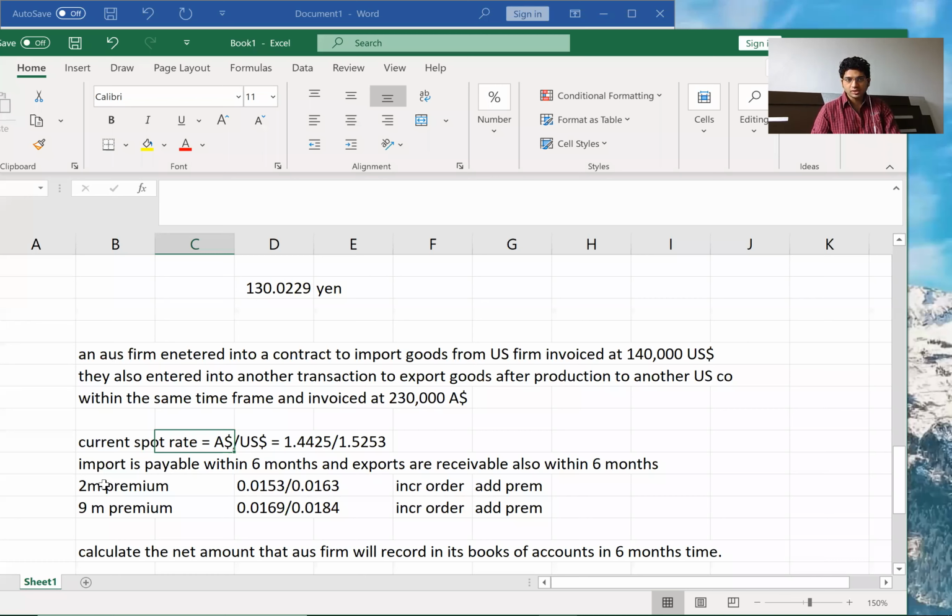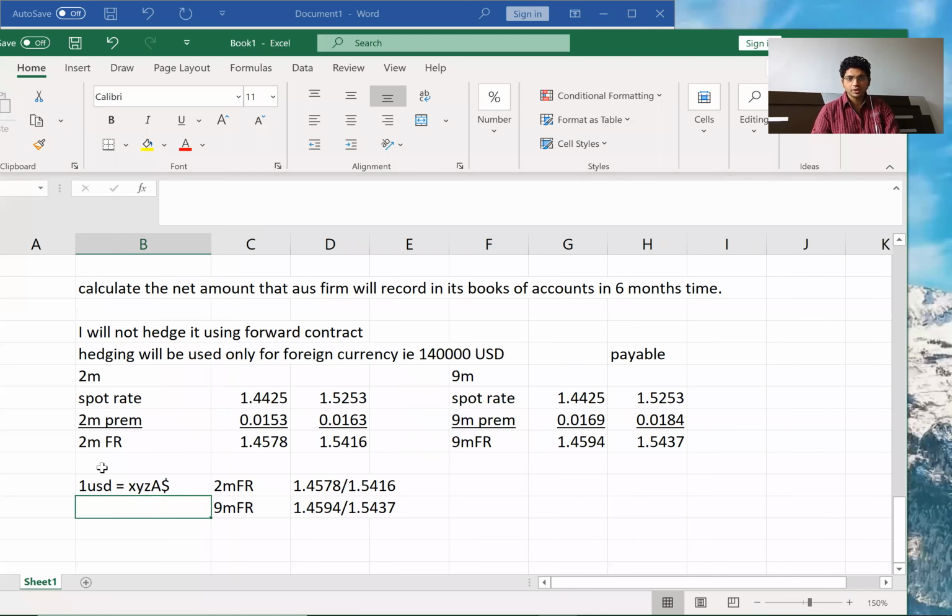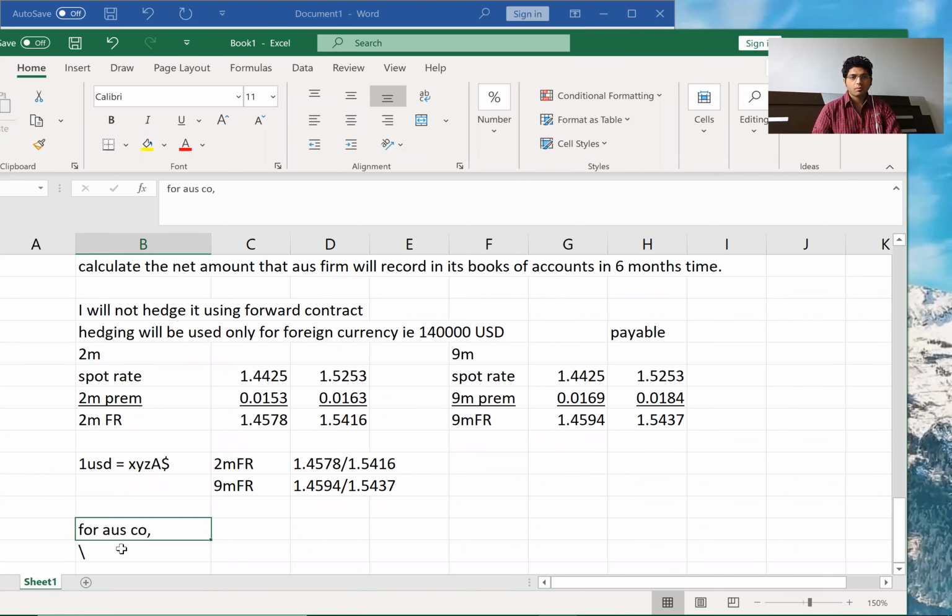So for an Australian company, the quote is given as $1 equal to so and so Australian dollars.